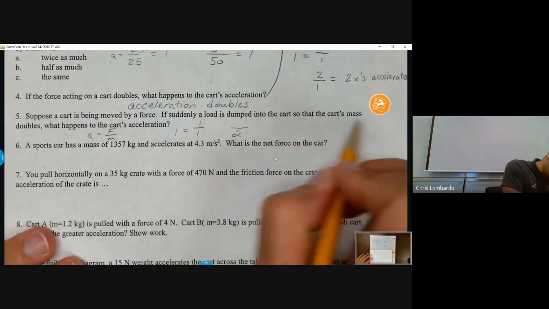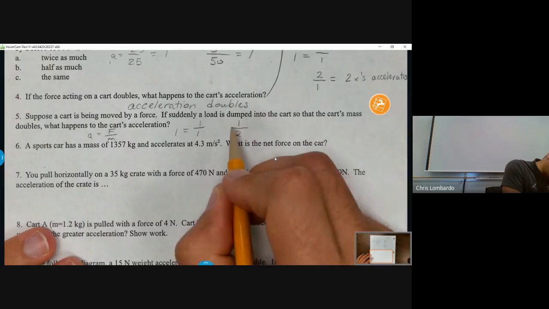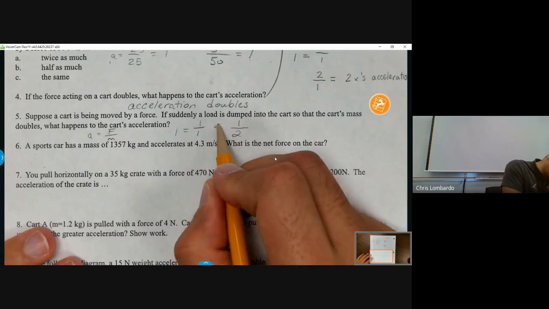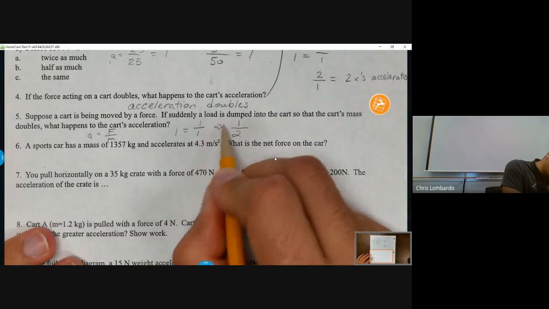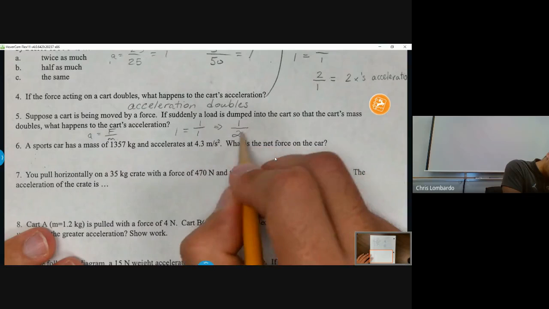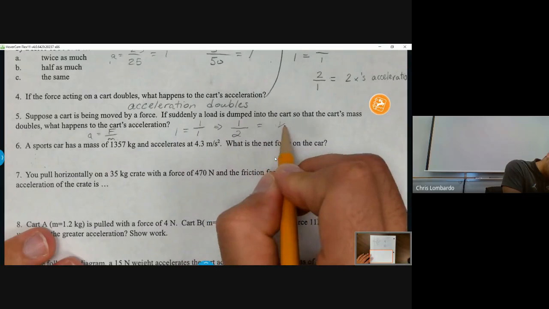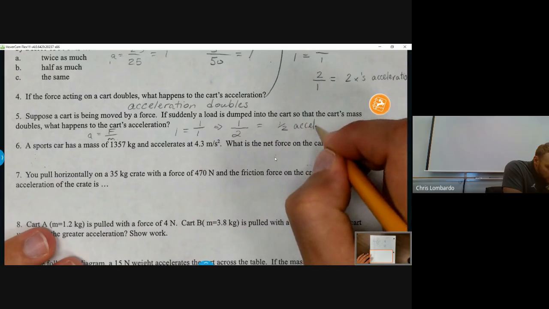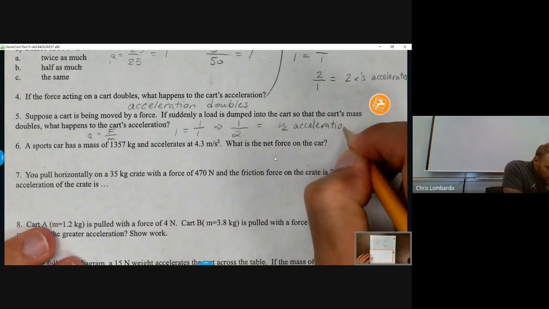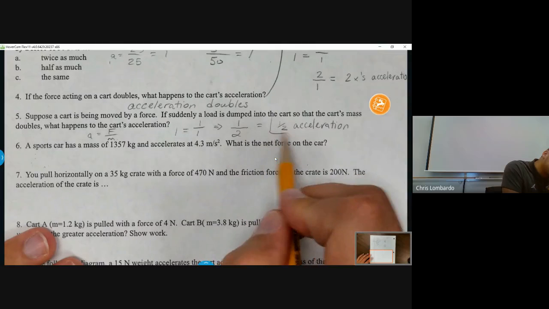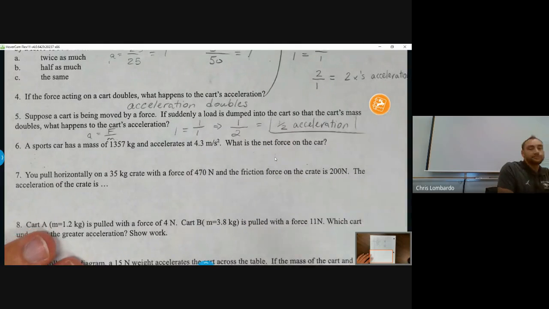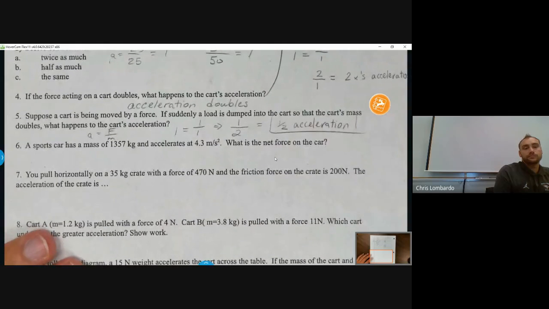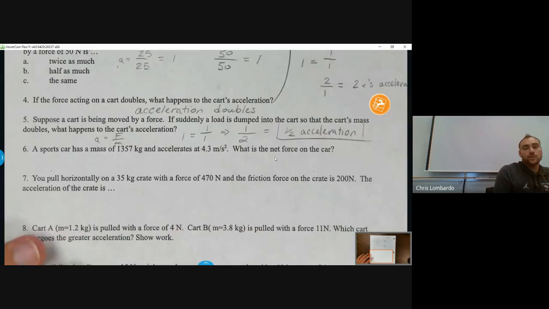In the problem, they say nothing about force, so that remains unchanged. So 1 over 2 is just going to be 1/2 of the acceleration. So the acceleration is going to be cut in half. Pretty straightforward.